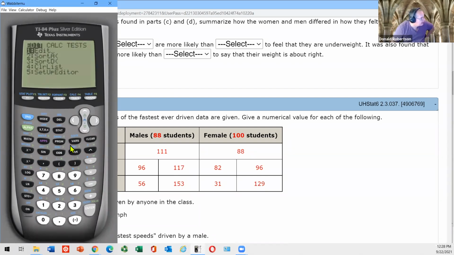So what we're going to do is hit the start button and choose number 1, edit. And what you do is you type in everybody's age, and you don't need to put them in order. You can just put them in whatever way they came out. This is the way I collected them. So that's good. If you're doing it by hand, however, you have to do the step where you write them down again, but this time in order.